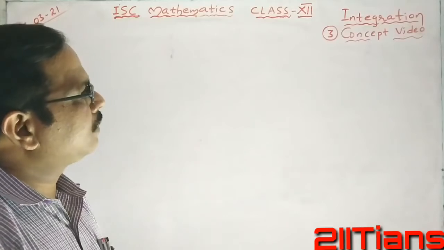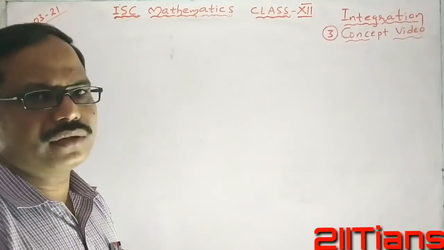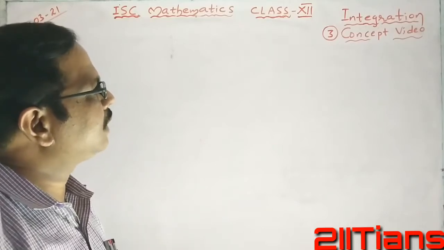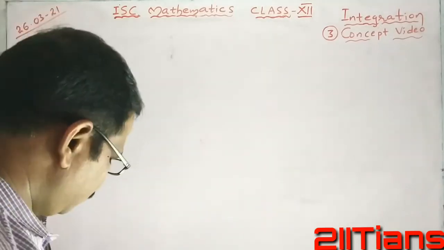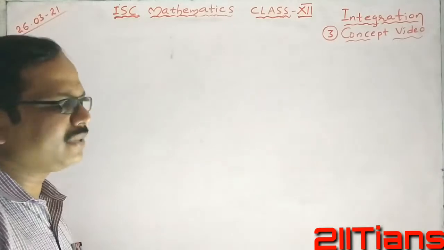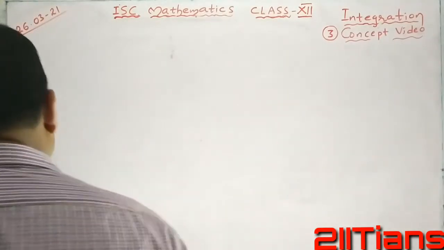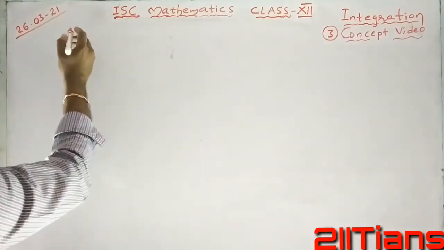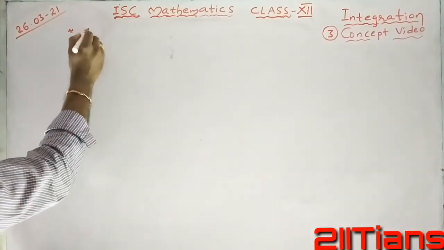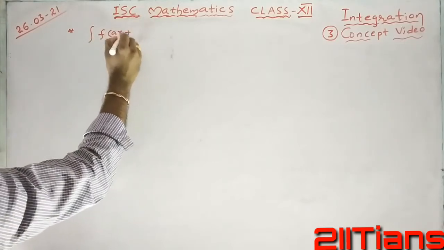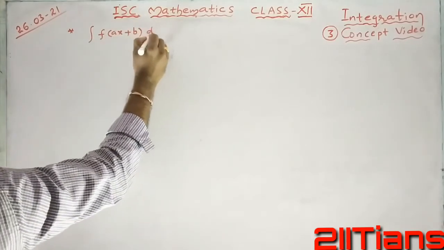Today let us see the concept video 3 on indefinite integration, class 12. So far we have discussed some integral forms. Today let us see one special type, that is integral f of ax plus b dx.